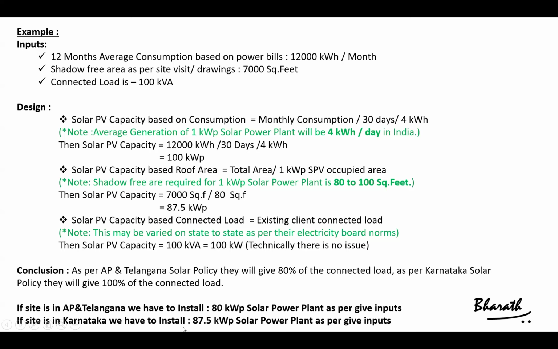If you go to Karnataka, they will allow 100%. Even Delhi will allow 100%. So among these three, we have to select the lowest one. So 87 kilowatt we can install in Karnataka and Delhi. If you are in AP and Telangana, it is 80 kilowatt max.